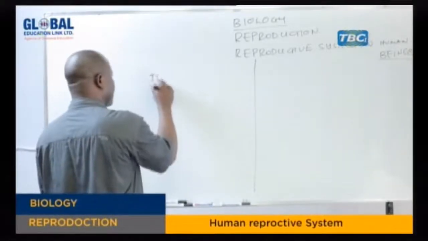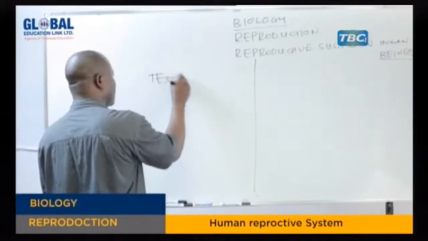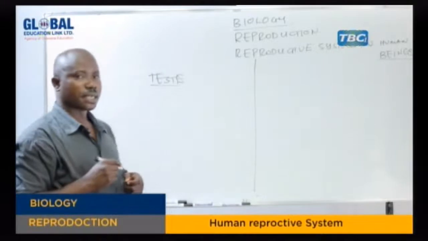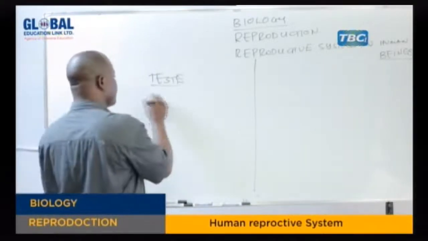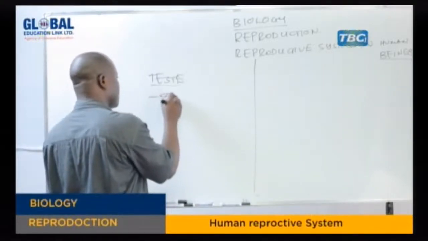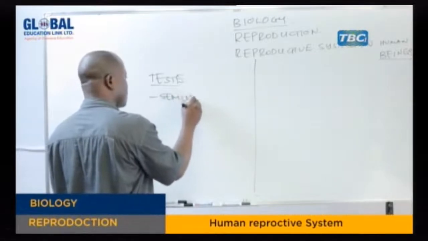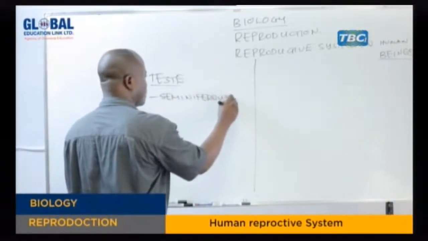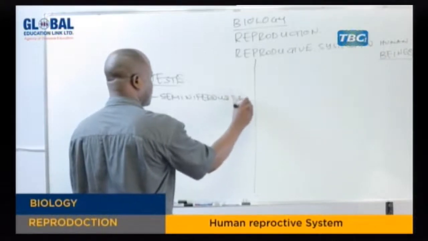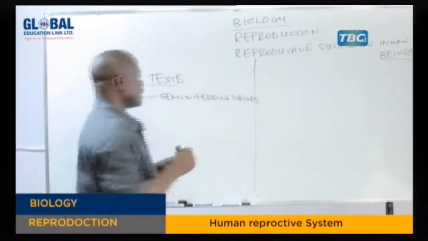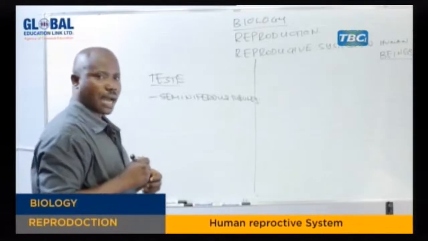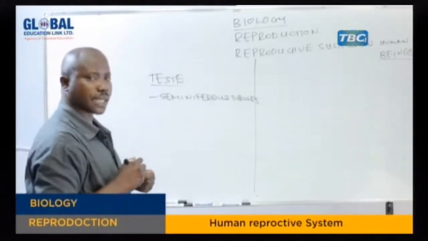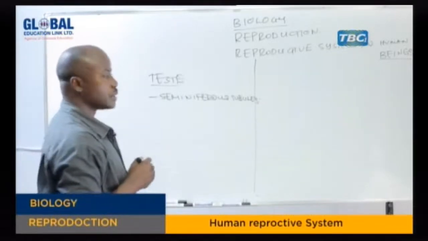Testis. The testis consists of the seminiferous tubuli. These seminiferous tubuli are lined with a large number of primordial germ cells that give rise to spermatozoa.